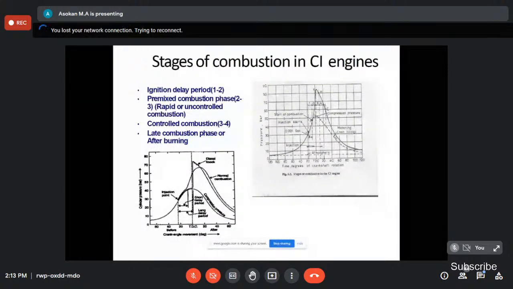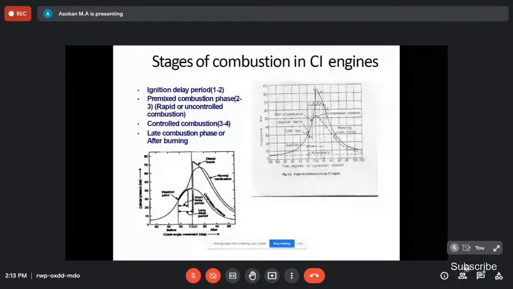This detonation or knocking occurs depending on how much time the delay period takes. If the delay period increases, it accumulates more fuel, and then this fuel suddenly burns. If you decrease the delay period, you can control the detonation, because only a small amount of fuel is accumulated, so the pressure rise also decreases.